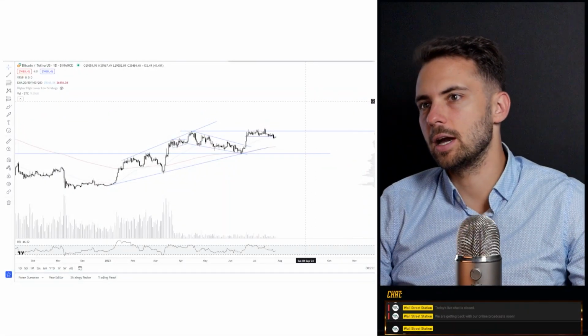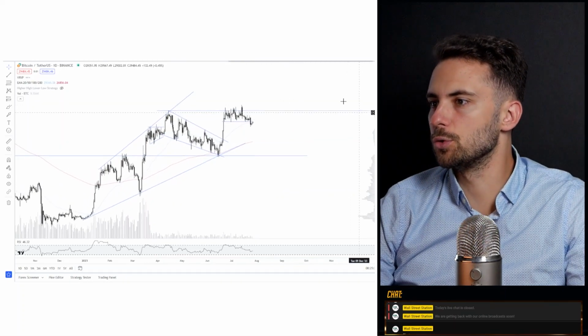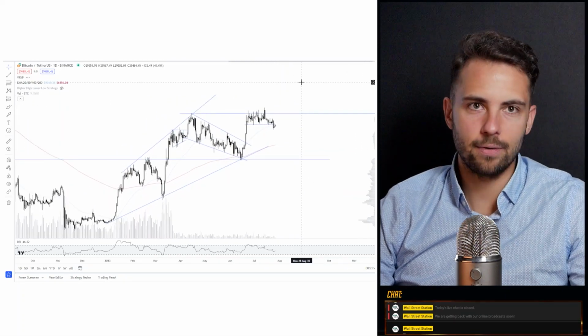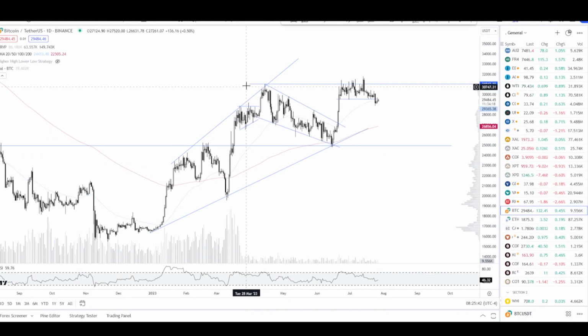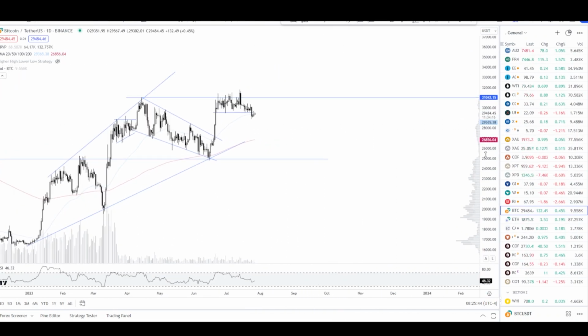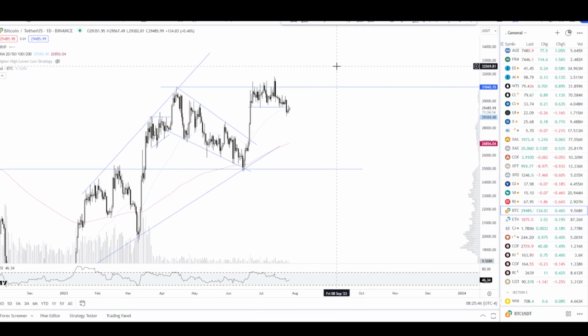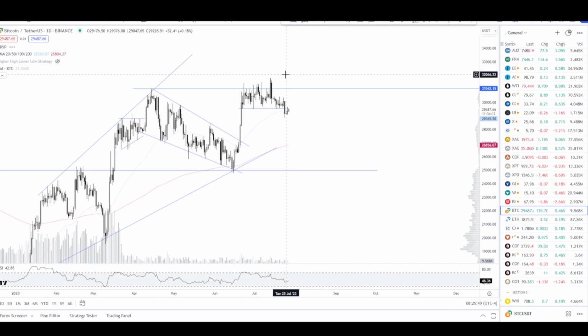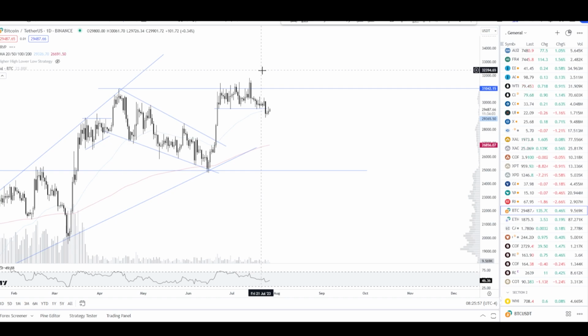So let's have a study of Bitcoin to USDT. Right here you have a chart that I have made, with horizontal lines as well as diagonal. I do believe that horizontal lines are more important in their significance than the diagonal.